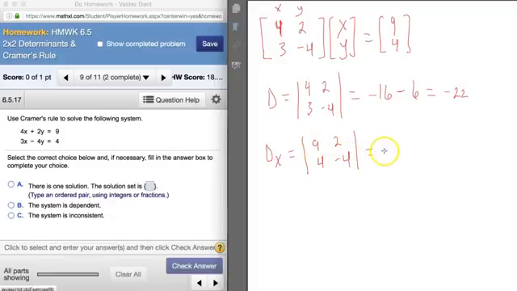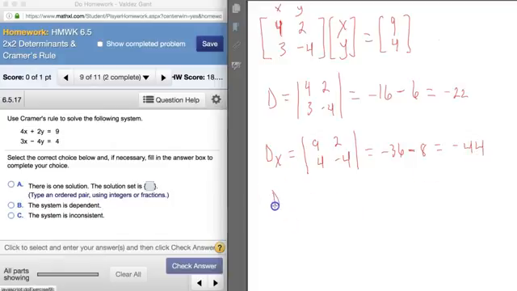So 9 times negative 4 is a negative 36, minus 4 times 2 is 8, and that gives you a negative 44. Okay, well, let's just do that all over because that doesn't look too good.